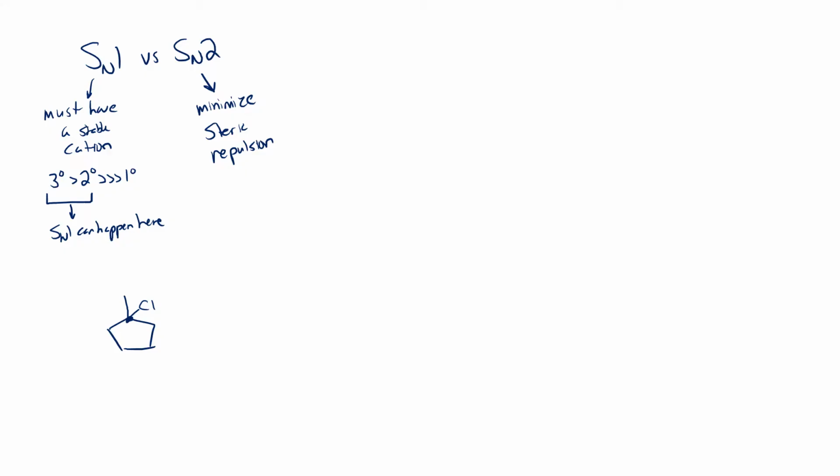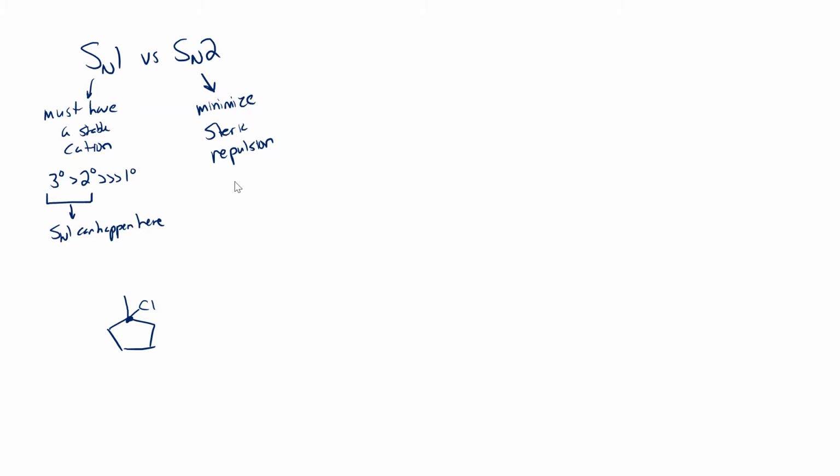And because we have, again, two reactants, the leaving group and the nucleophile or base, right? Because we have two reactants that are both very electron rich, they're going to be very sensitive to the amount of electron density that they have to move past to get to that reactive position. And so SN2 reactions are very, very sensitive to steric repulsion, and they want to minimize steric repulsion.